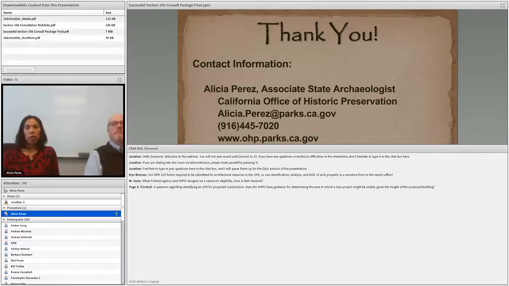Versus if within that same APE or urban environment the vertical APE goes beyond the 2 feet to 9 feet, then you're probably going to want to have further identification efforts to ensure that there are no historic properties below that 2-foot previous ground disturbance. Does that make sense? Great.